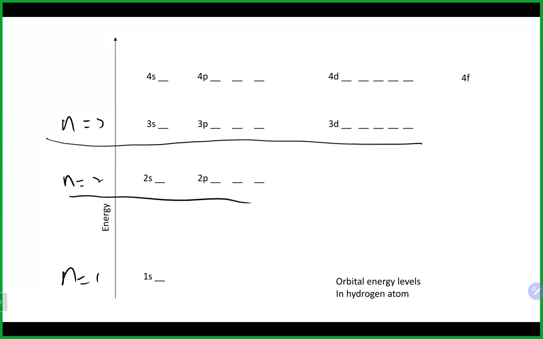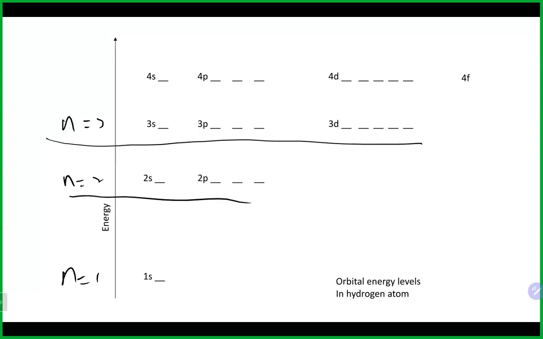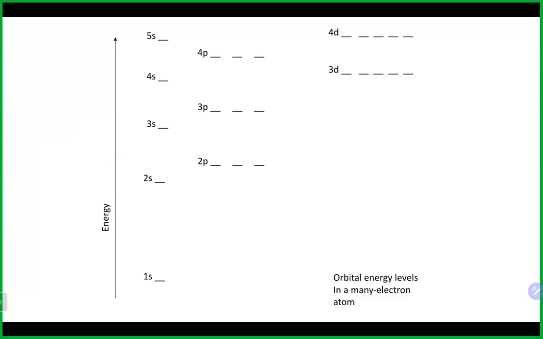So when you get a lot of electrons near each other, the orbitals move a little bit in terms of their energy. Instead of everybody being perfectly lined up like we see with hydrogen, you can see there's a big shift in the energy level of the orbitals.